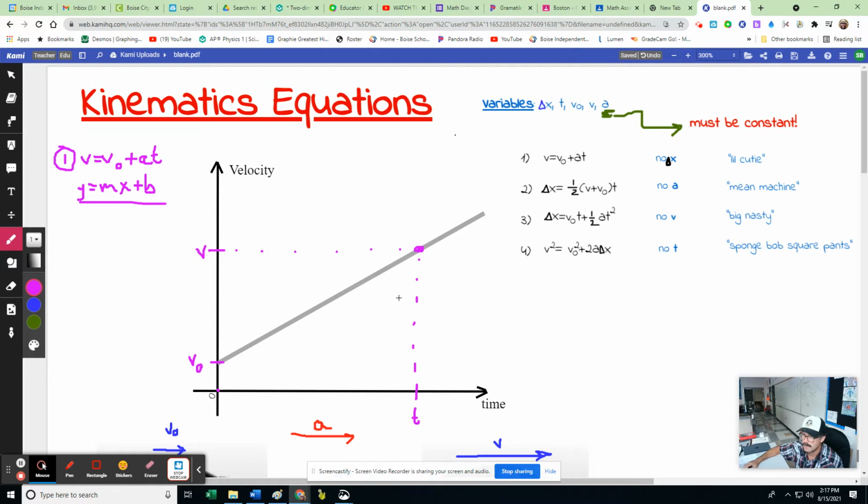And so our rise over run is going to be our acceleration on this graph, and that's just how we get to this equation. It's just the classic form of a slope-intercept. So that one's pretty easy. Okay, so we're going to go ahead and check this off. Our next one: we want to figure out this Mean Machine equation, the one that ignores acceleration.